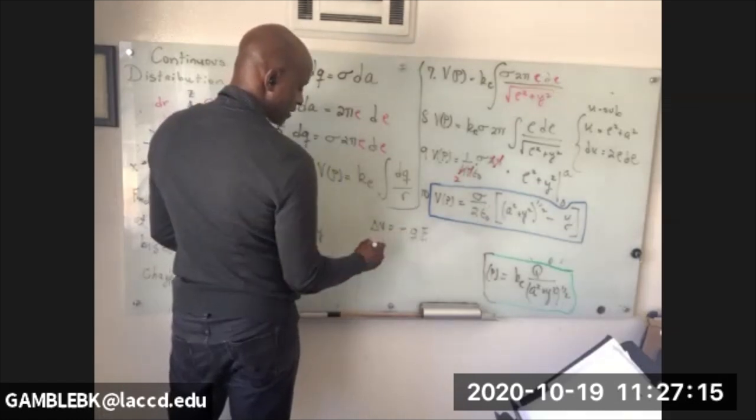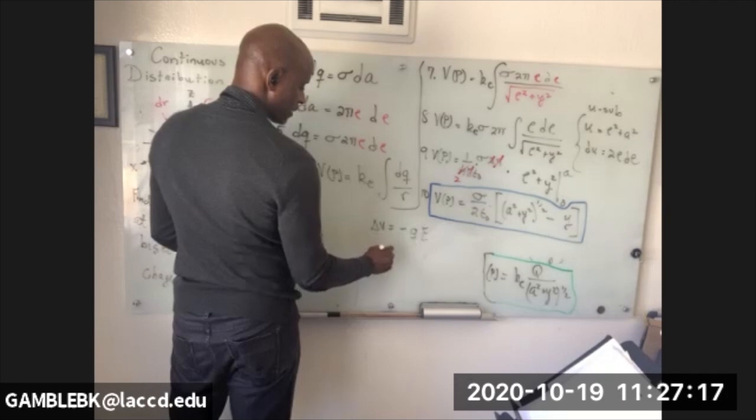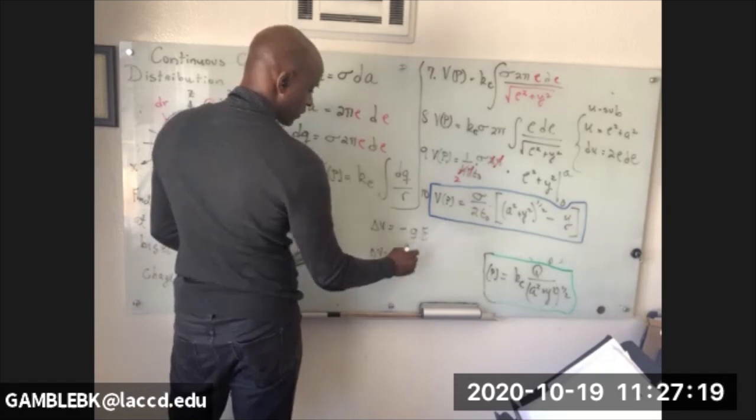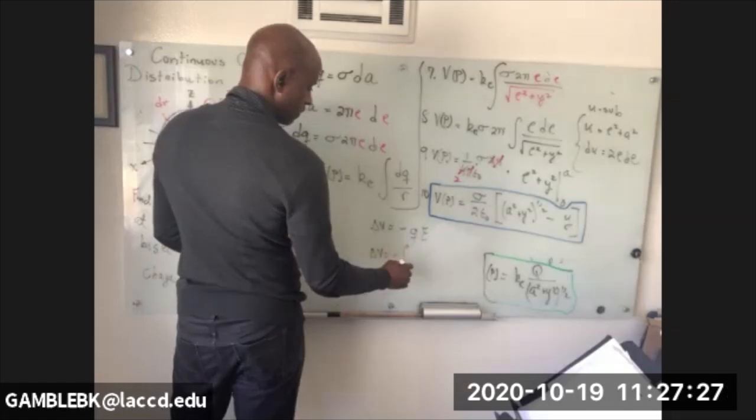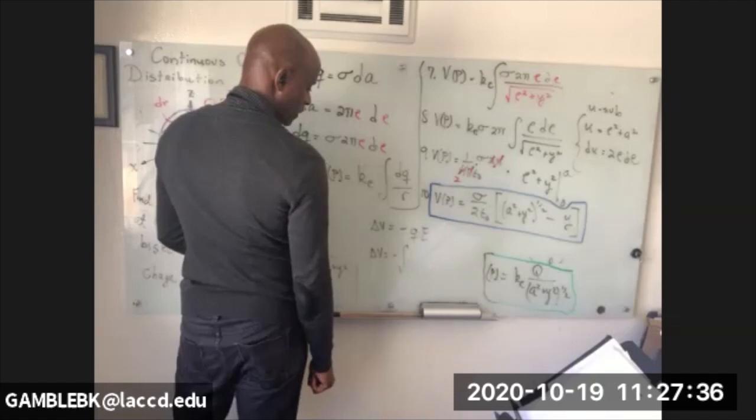Whenever the E is not constant, it becomes the integral: delta V is equal to the negative integral of... what am I doing?